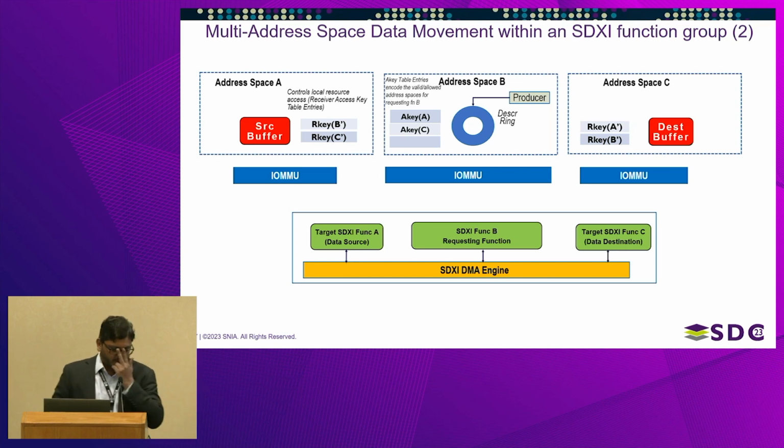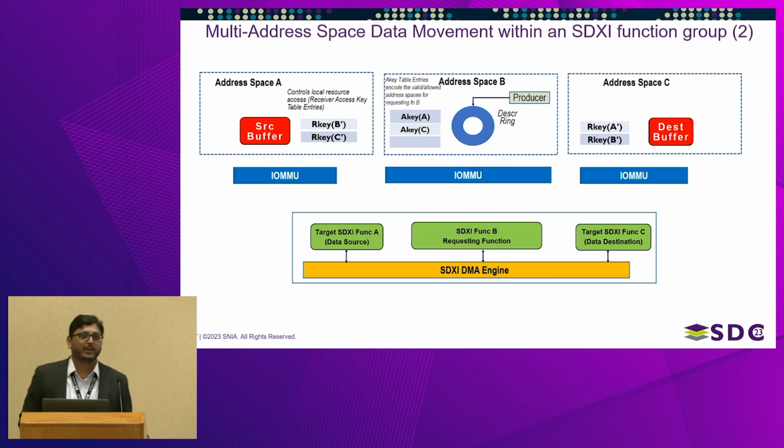This example deals with the data movement happening between address space A and address space C, but the entity that is actually doing the data movement is in address space B. So the producer is in address space B. An example for this may be if the hypervisor is in address space B and virtual machine A is in address space A and virtual machine B is in address space C, the hypervisor is reaching into address space A and taking the data and writing it into address space C. Typically, that will be performed using software-based memory copies. If you had an accelerator like this, how would that happen? And you can still preserve the security of this.